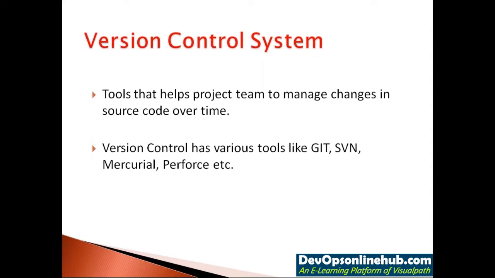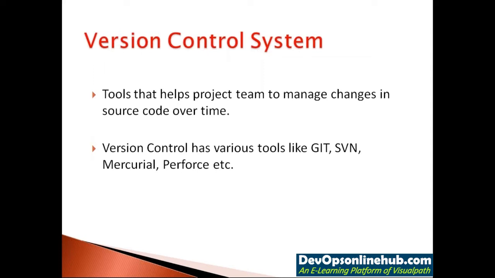So what should we do? What is the solution for this? This can be handled by the version control system, because it maintains your code changes version by version, and also handles code conflicts that might come from other developers.